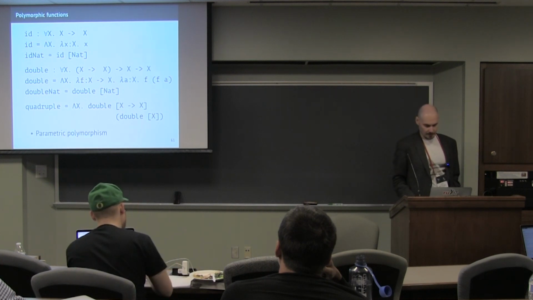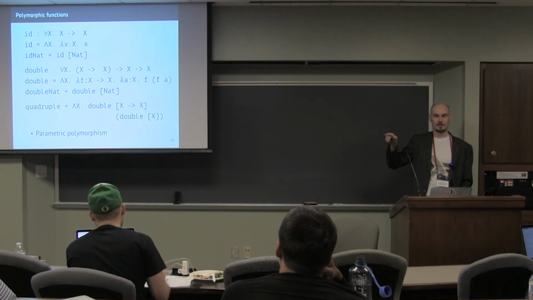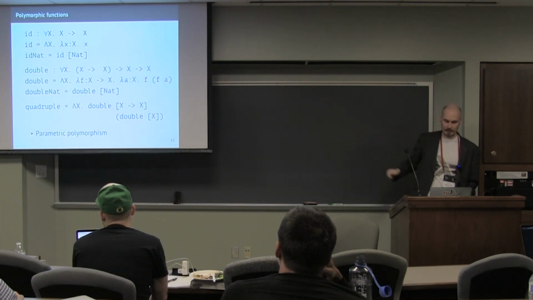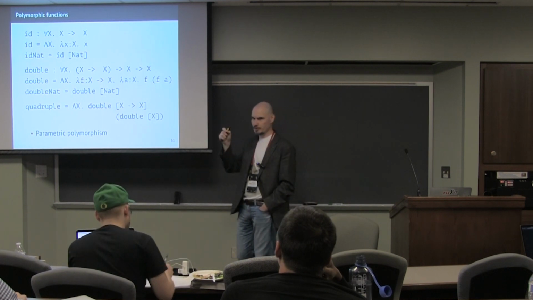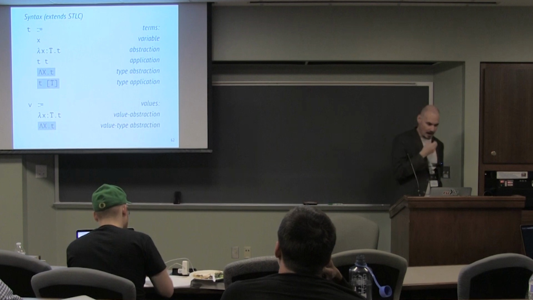All right. So the right name is parametric polymorphism. Parametric means that you can put any type there, a value of any type, without any restrictions. If you have some restriction, then it will not be parametric here. How to do that?